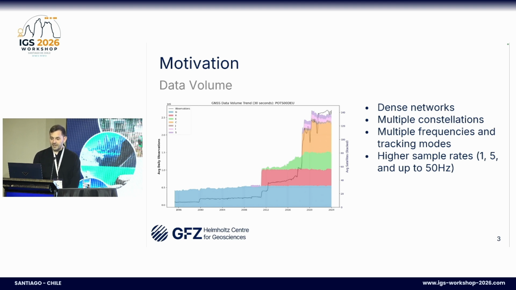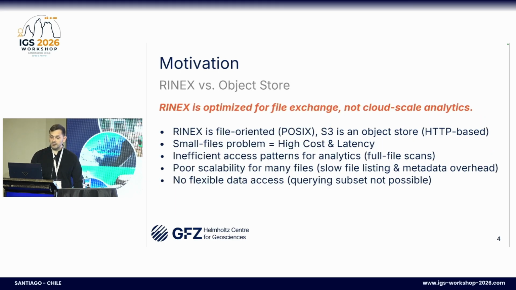And you can see over the time how we added constellations, frequencies, tracking modes, changed our sampling rate from 30 seconds to 1 Hertz. And if we multiply that by the amount of stations that we are currently having in the IGS network or that are processed at Nevada, for example, you can see that the data volume is getting a bit of a stress point for the data centers. So that is motivation number one.